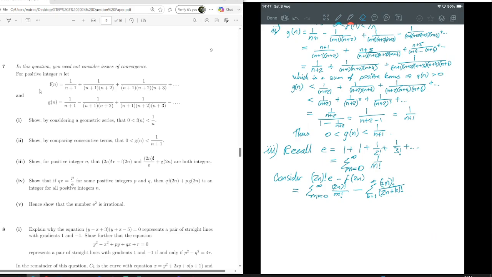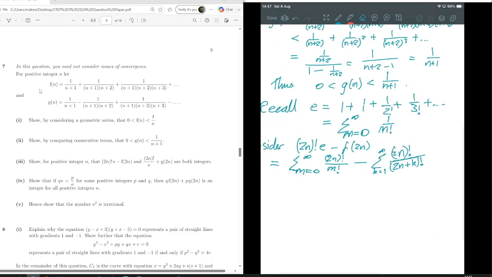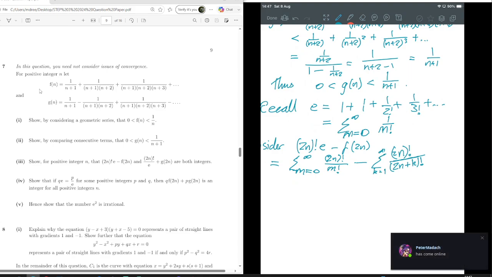Now, did writing it like this help? That's a really good question. We want to show that this is an integer. So really what we need to show is that when m is bigger than 2n, everything is cancelling out.